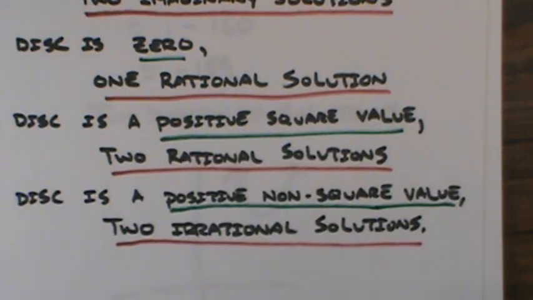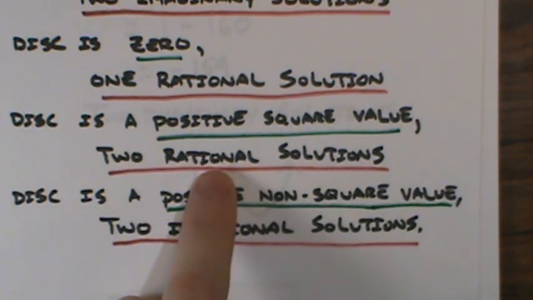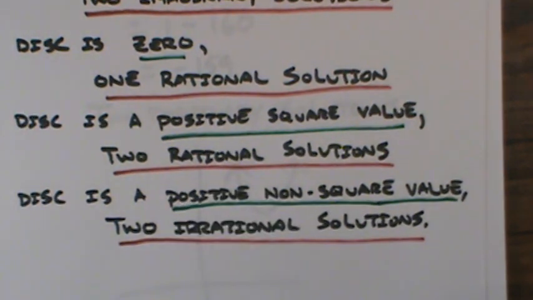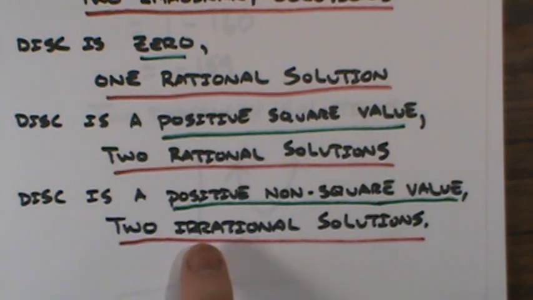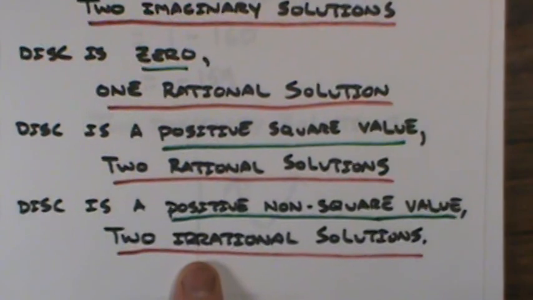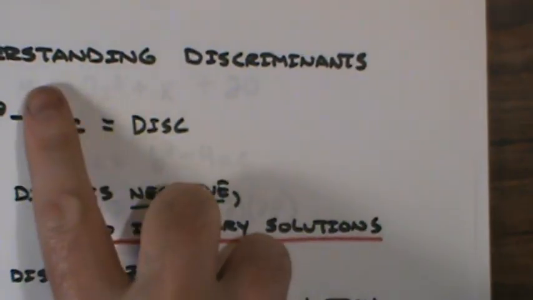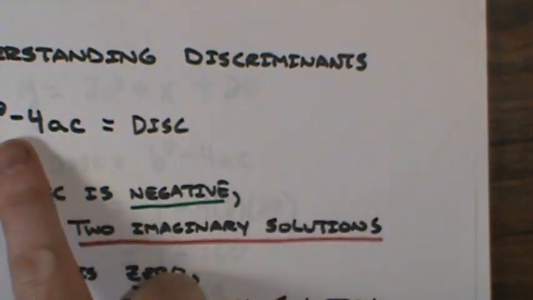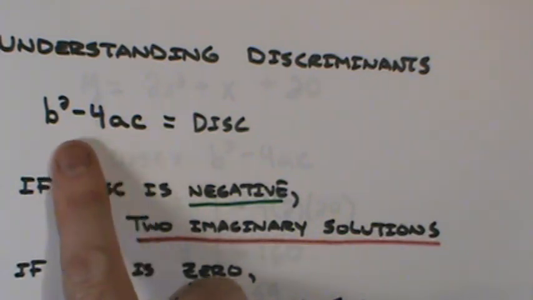Irrational should be the most prevalent answer if you're just throwing numbers out there. I know the first 2 I did turned out to be rational, but that was just a fluke. Truly, your irrational solutions from randomly generated numbers would be most common. And so that's your introduction to understanding discriminants, and this is all you need for the homework today.